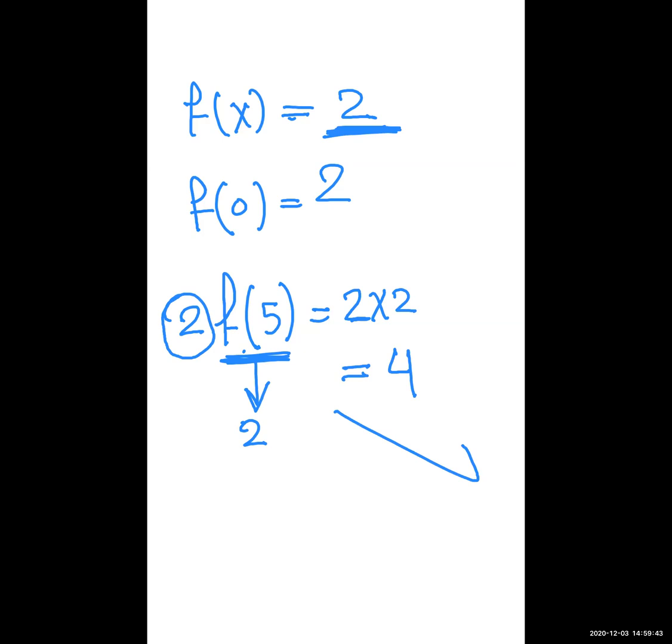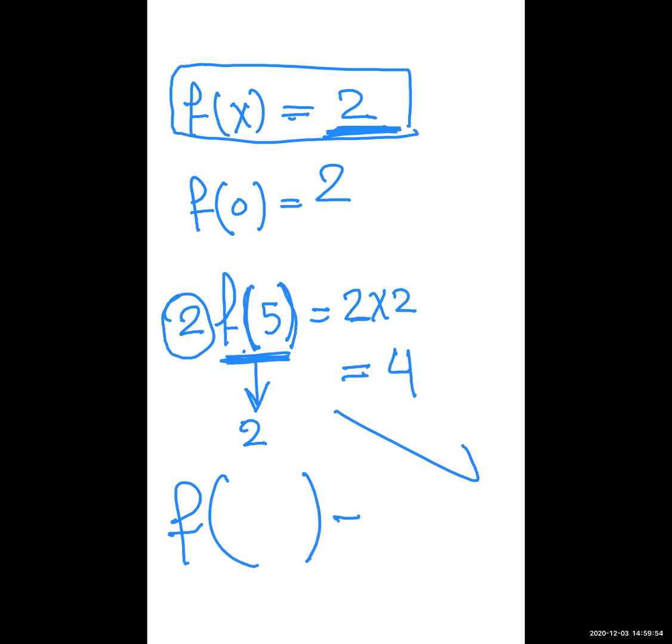I don't care about whatever the number is between the brackets. If f of x equals 2, then f of anything between the brackets, -1, -5, -100, 100, 2, 3, -x, x power 2, all of this, will equal 2.